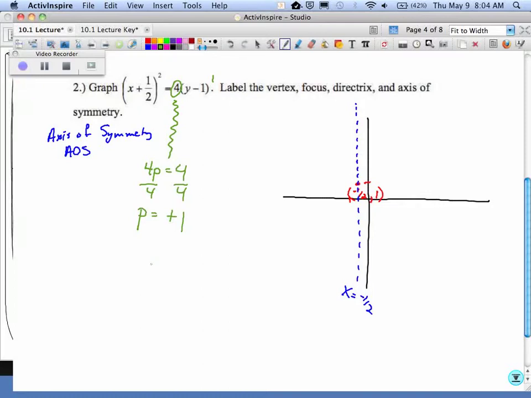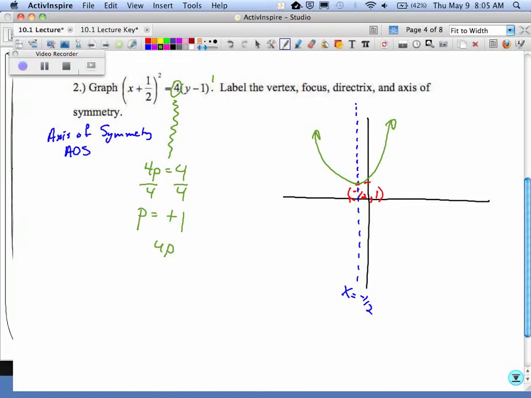So I'm just going to draw a parabola right now that's opening up. There's nothing in here about the intercept, so I'm not really worried about the shape of it right now. Then p is the distance from the vertex to the focus.